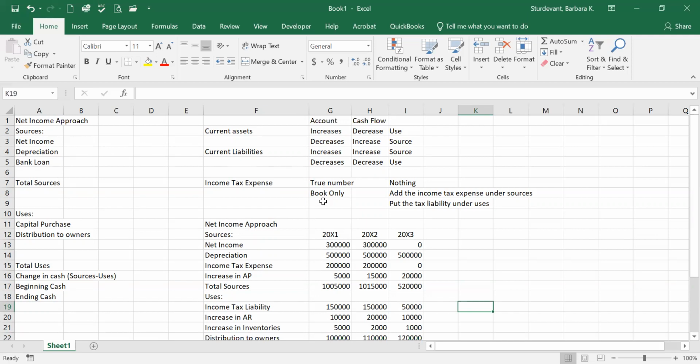The income tax is going to depend on information they give you. If they tell you that the number on the income statement is the true number, you do nothing with it. If they tell you that it is book only, you will have a tax liability, and then you have to adjust your sources by that income tax expense.